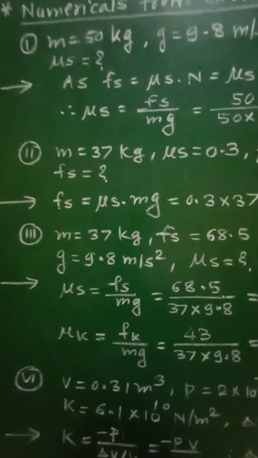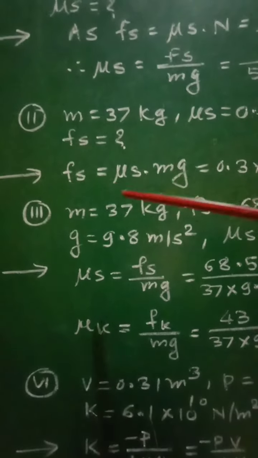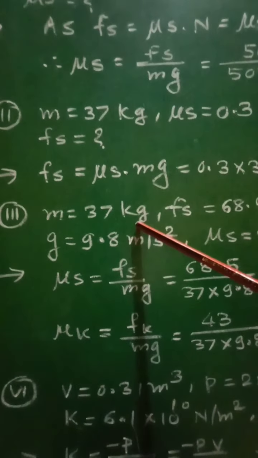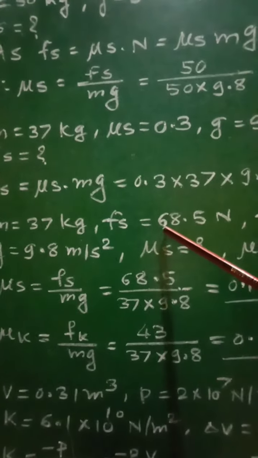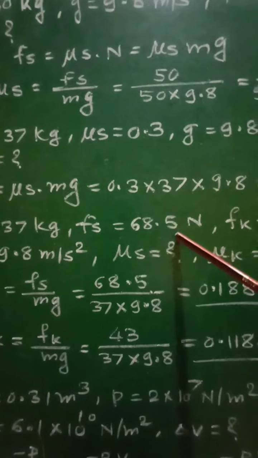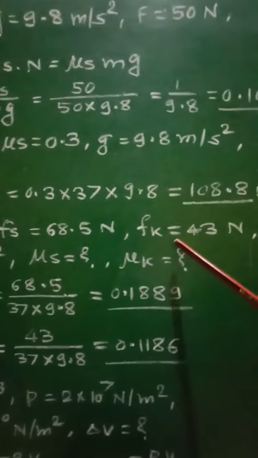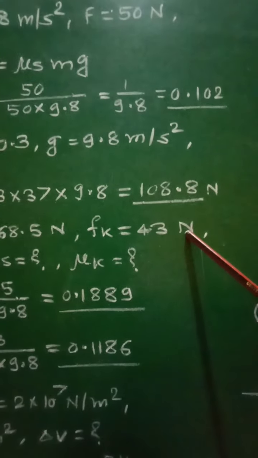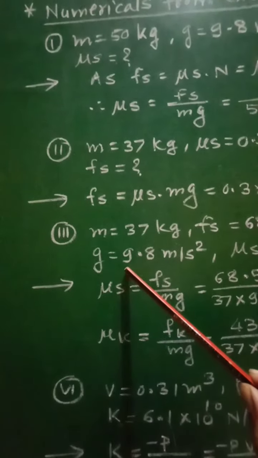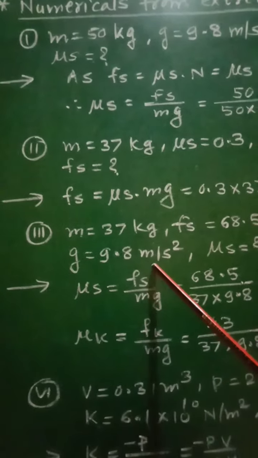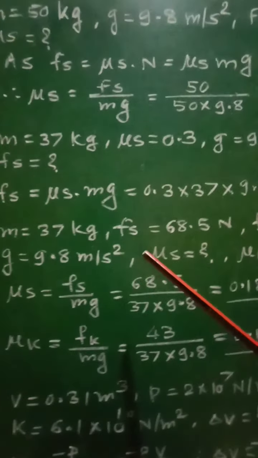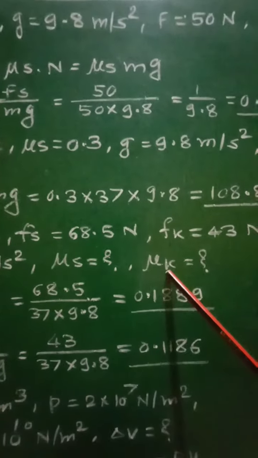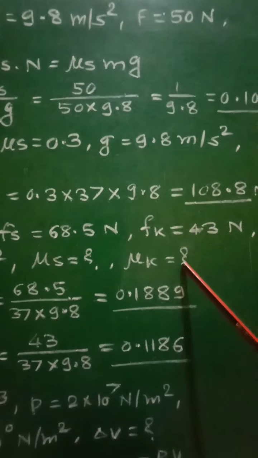And therefore for this numerical number 3, the given data is mass of the block m is equal to 37 kg, force of static friction Fs equal to 68.5 Newton, then force of kinetic friction Fk equal to 43 Newton. Acceleration due to gravity g equal to 9.8 meter per second square, and we have to find out coefficient of static friction mu s and coefficient of kinetic friction mu k.